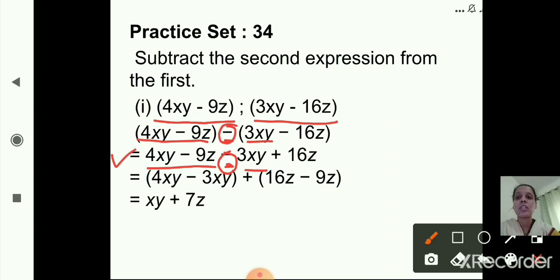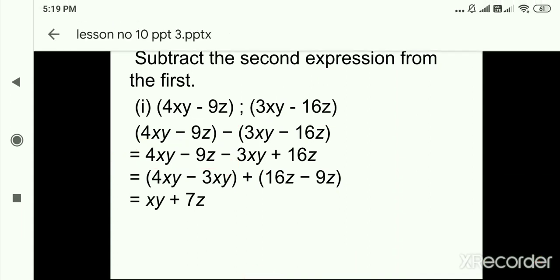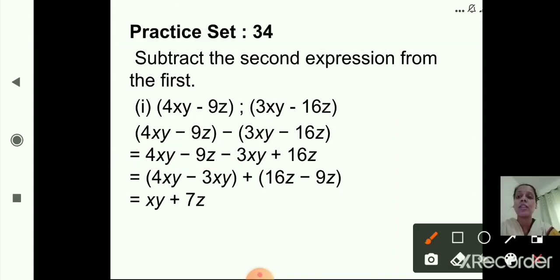Now in the next step, we will write like terms together. 4xy and the like term is minus 3xy, so we will write them together in a bracket: 4xy minus 3xy. Now the second like term, that is minus 9z and plus 16z. So plus 16z minus 9z.